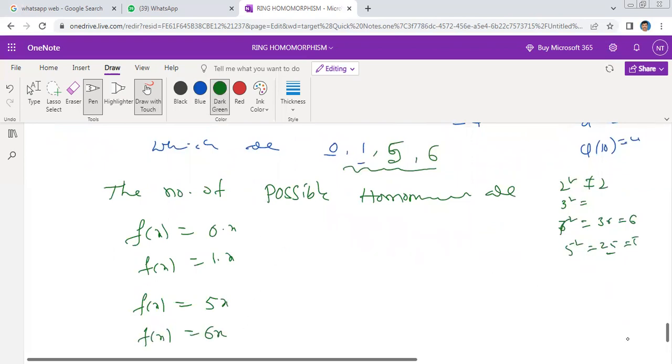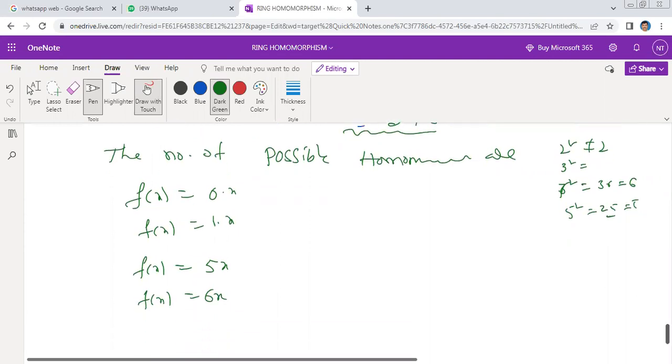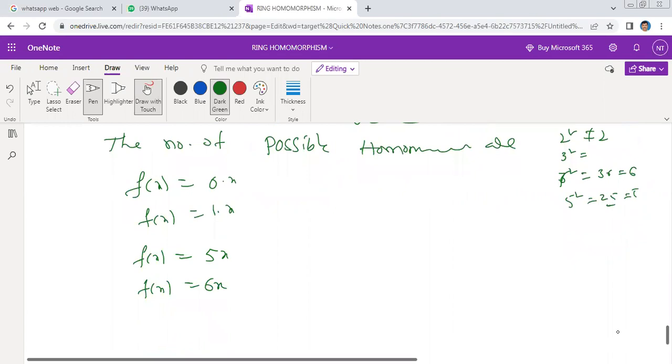These are the 4 possible homomorphisms, but not exactly. We need to check whether all of these work or not. Now I am going to check whether it is possible or not. How to check whether it is a ring homomorphism is the major concept for you.